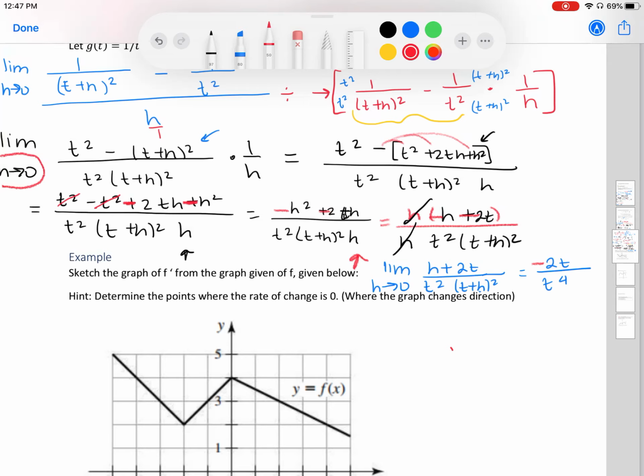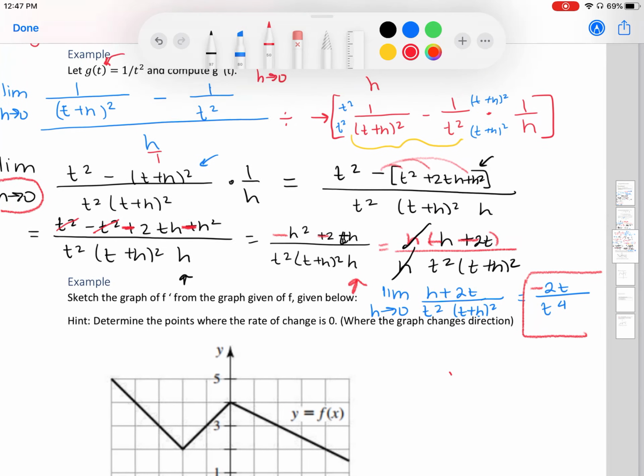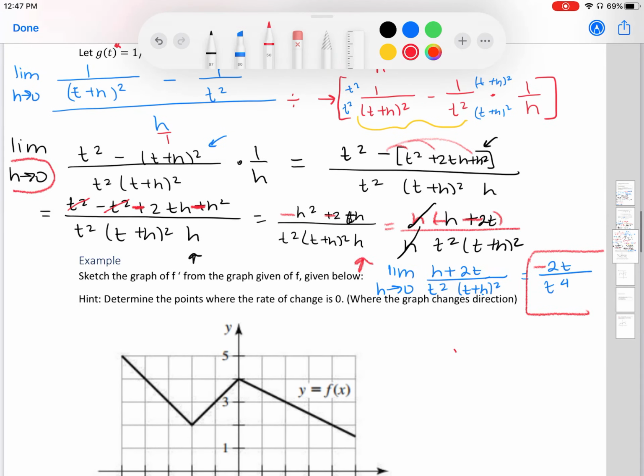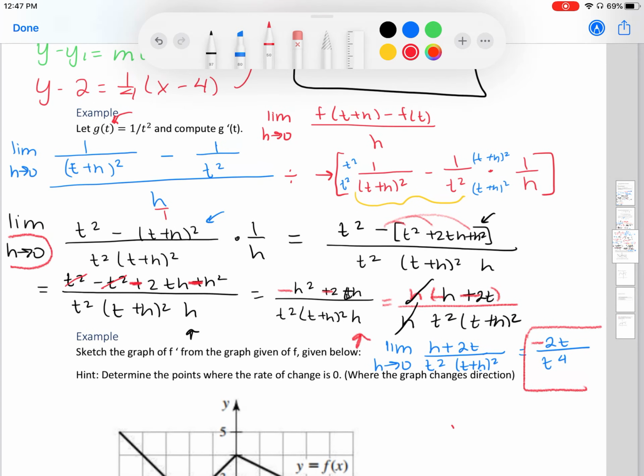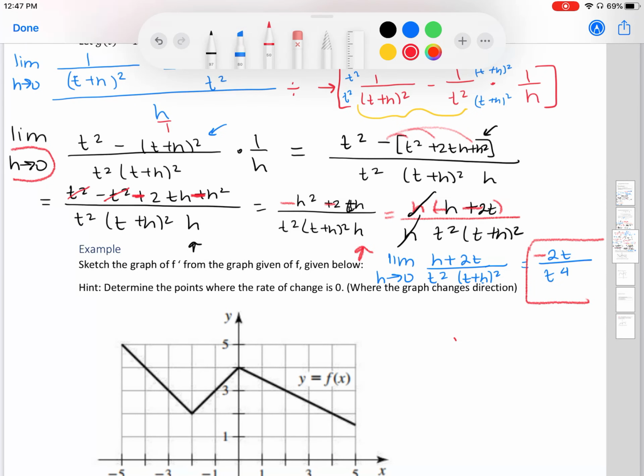And that is our answer. So we found the derivative, g prime of t.